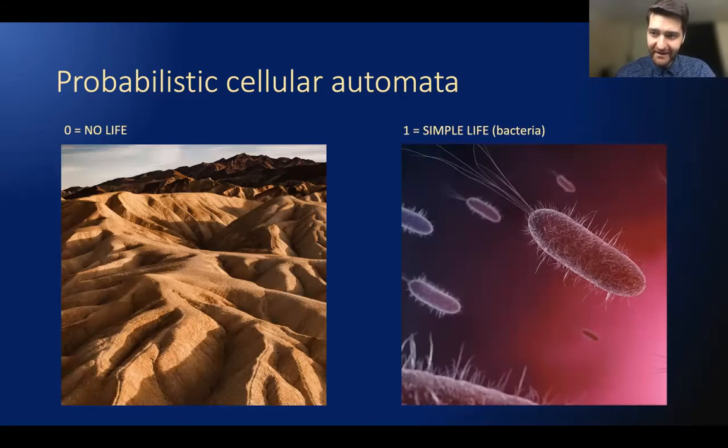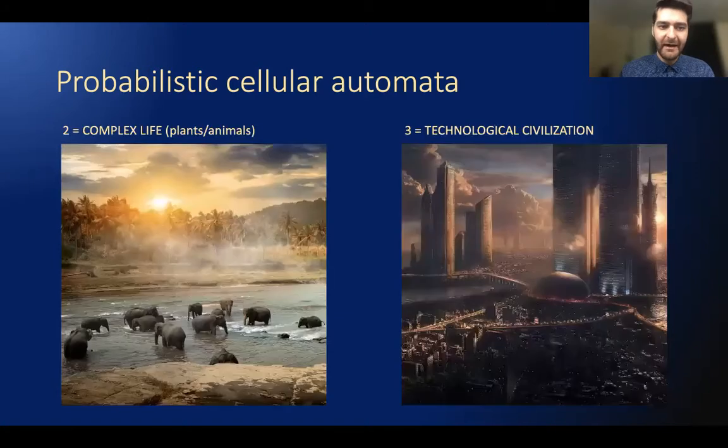And each cell will have a state of 0, 1, 2, or 3. 0 will be arid planets with no life, picture a desert. And then 1 will mean you have simple life like bacteria there. So nothing major is going on, but there is some life form.